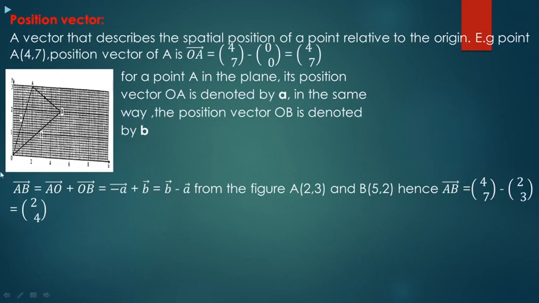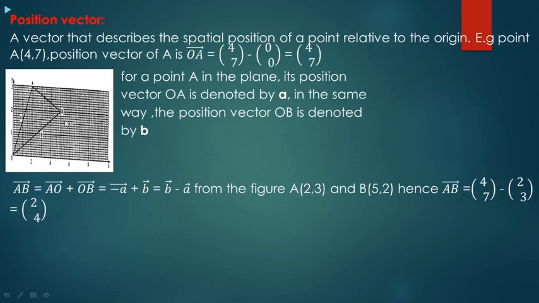Now, when you are given the coordinates, you can either move like I've said, or just use the coordinates directly, which will be OB minus OA. From the figure, A is (2, 3) and B is (5, 2).